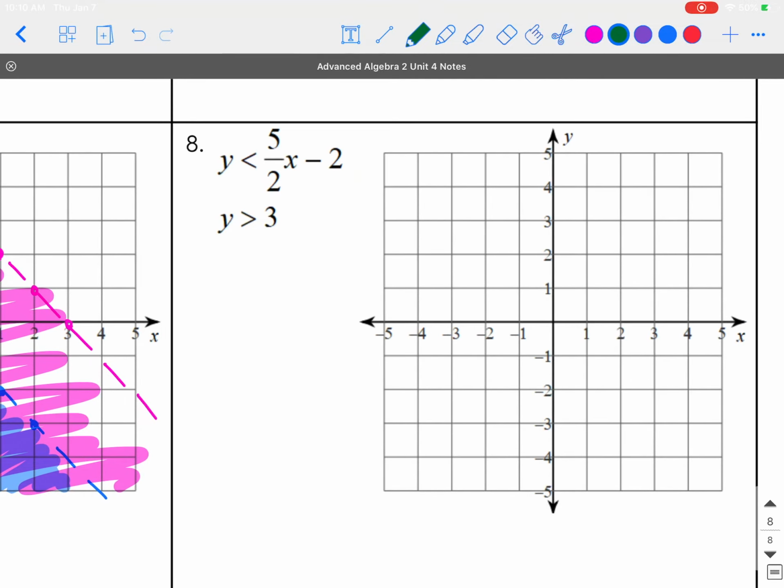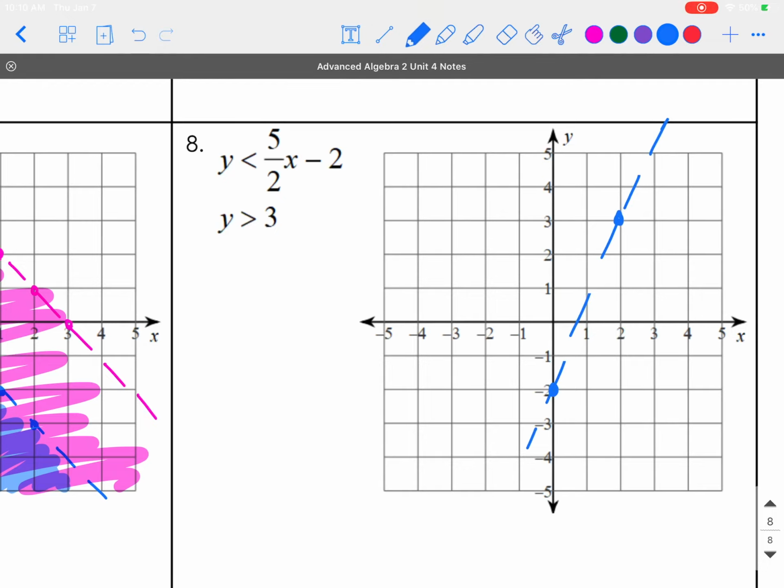And then number 8, the first line is easy. -2 and a slope of 5/2. Oops, this one's dashed.